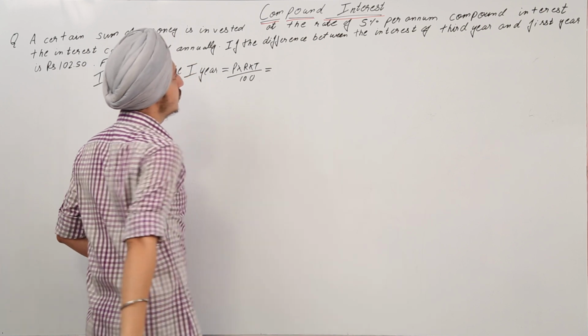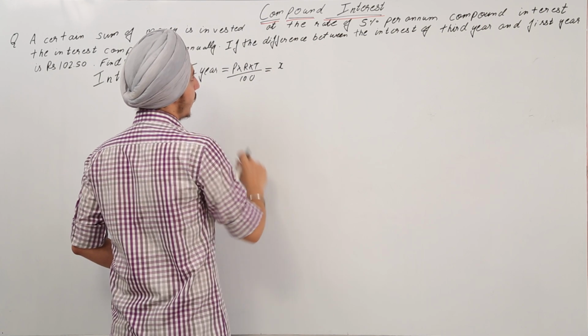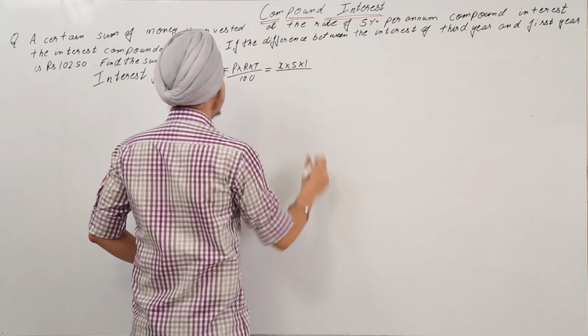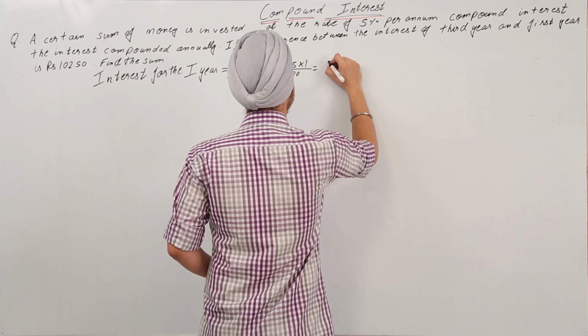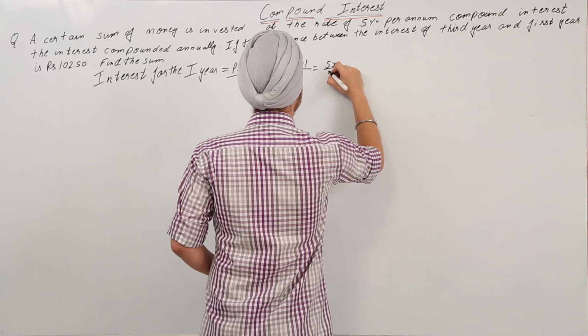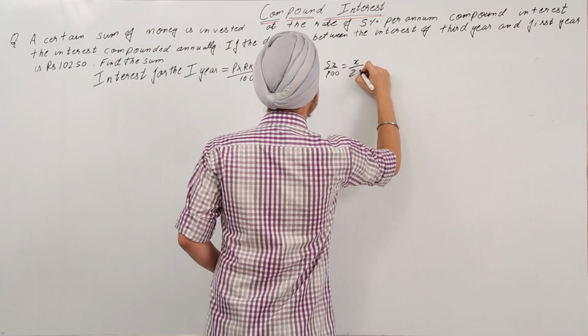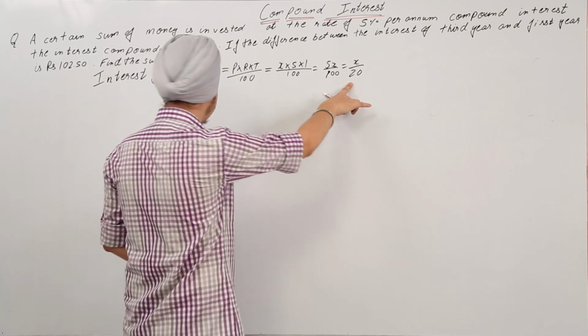The principal we have to find, let's take it as x, rate is 5%, time is 1, upon 100. So this is equal to 5x upon 100, or x upon 20. So this is the interest for the first year.